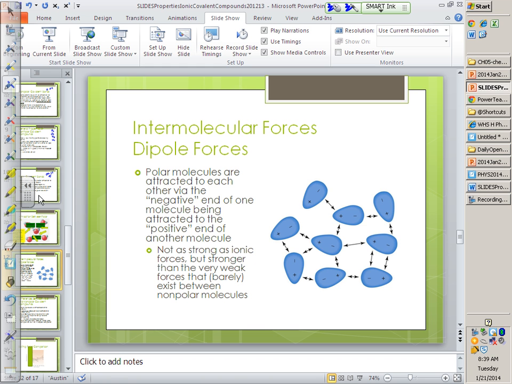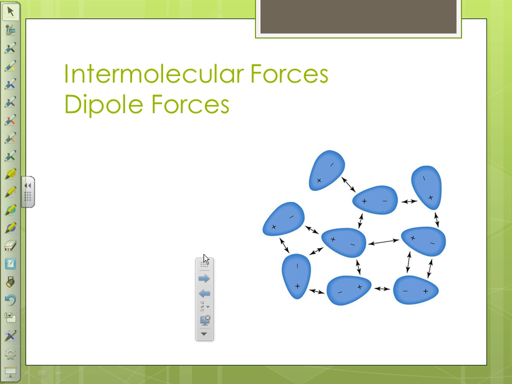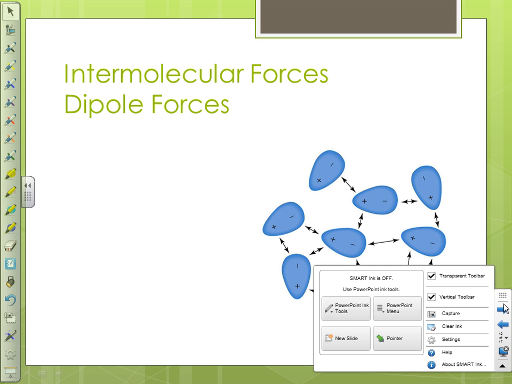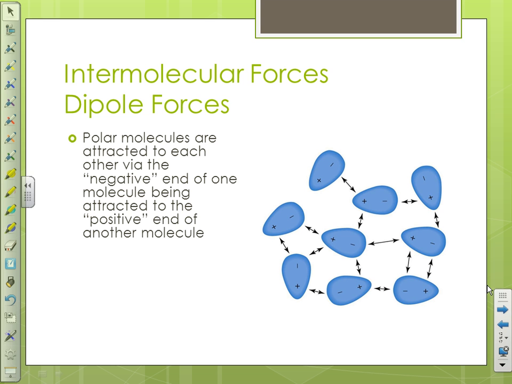Properties-wise, that leads to something that we call a dipole force. Dipole forces: these polar molecules are attracted to each other via the quote-unquote negative end, right?